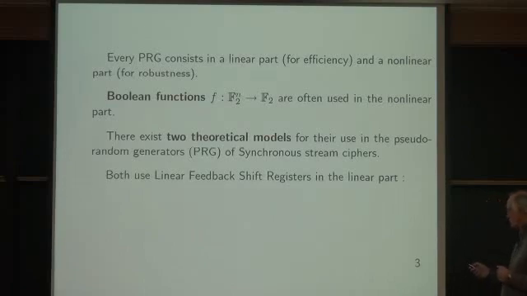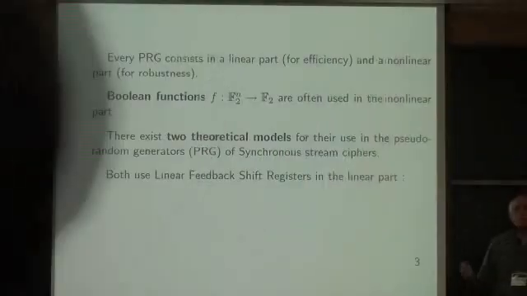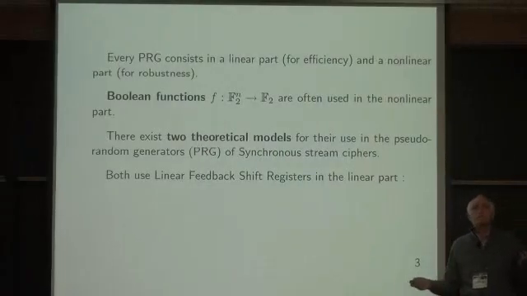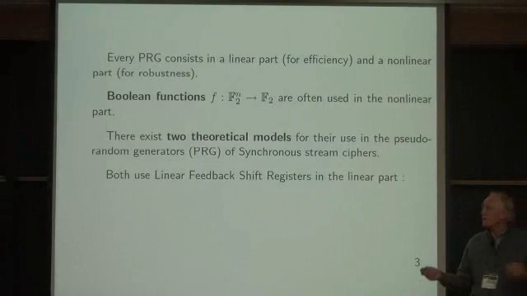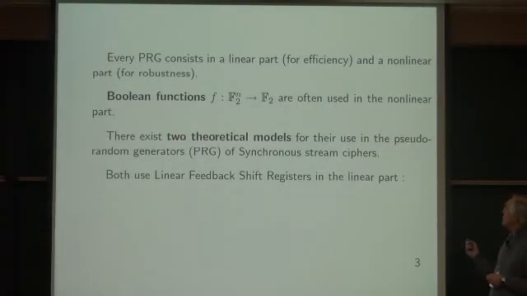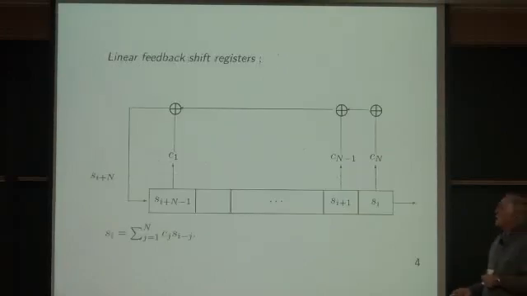So a Boolean function from F_2^n to F_2. There are mainly two models for using the Boolean function to make this nonlinear part. These models both use linear feedback shift registers as the linear part, and so they come after this linear part.